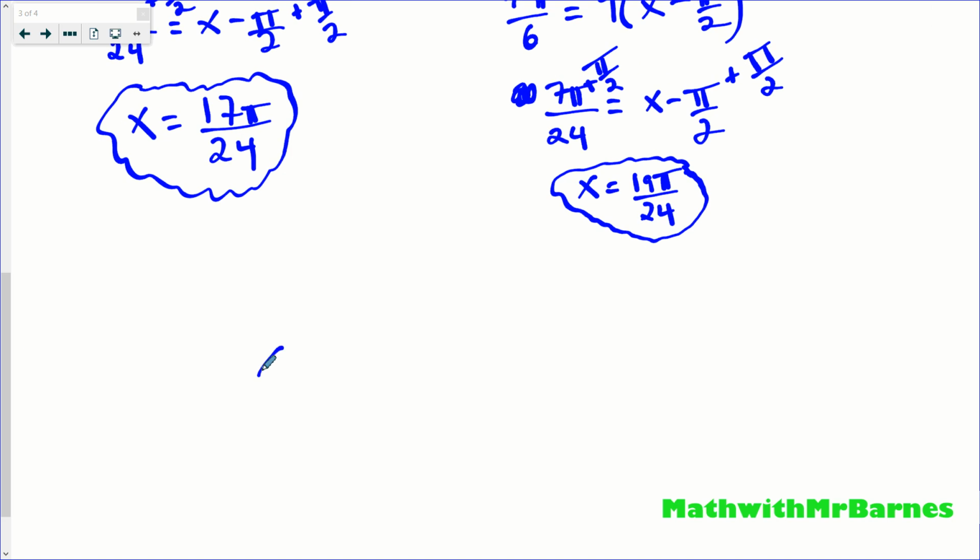So my x, and I'll do my little squiggly bracket, 17 pi over 24, and then 19 pi over 24. Try to do biggest, smallest first, and then we're going to do, now, so there's a couple different ways you can do it. You can do plus or minus, or just plus.